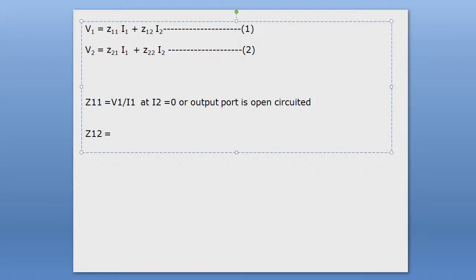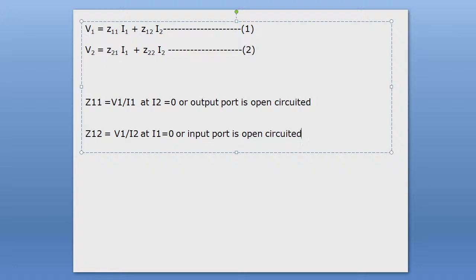So you see, if you consider I1 is equal to 0, then you can write Z12 equal to V1 by I2. That means input port is open circuited. Try to understand this point. So you can write V1 divided by I2 at I1 equal to 0, or input port is open circuited.